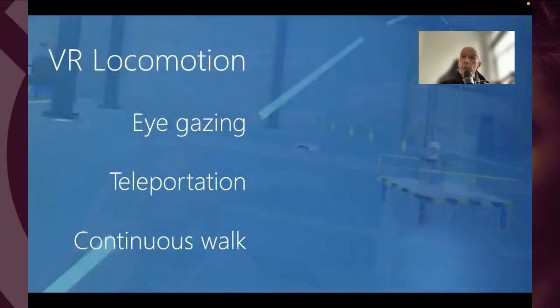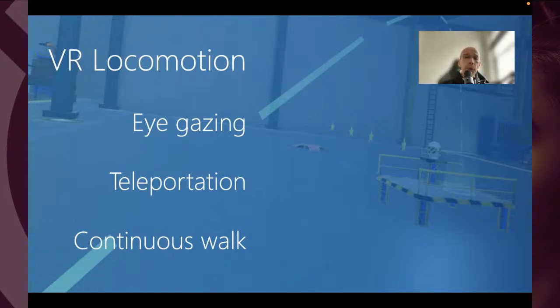And of course, the capability of moving in the environment via the concept of locomotion, which is particularly important and must be developed in a way not to give motion sickness to the user, because if you want to move from point A to point B in a virtual environment, the sense of motion can give motion sickness.